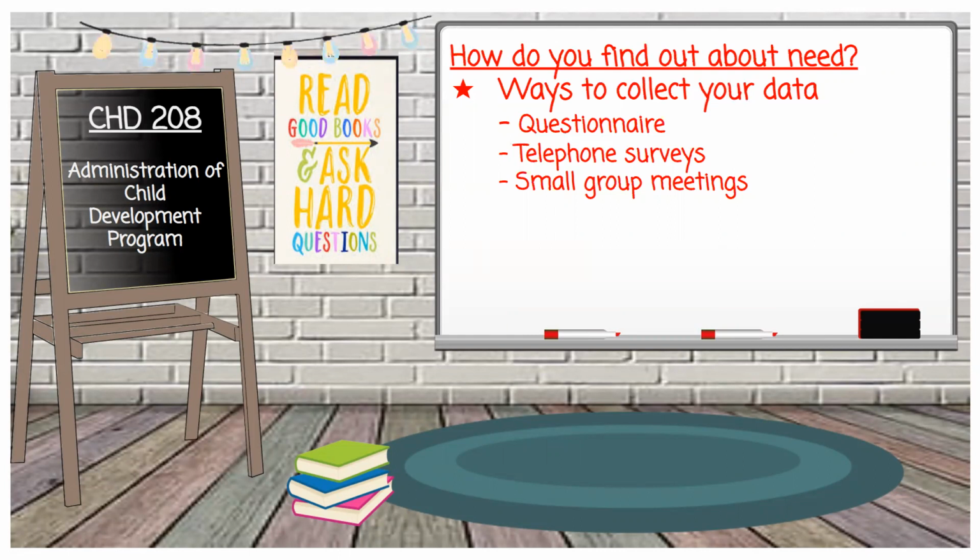But questionnaires are going to provide you with very specific data that you're going to be able to record, then compile it all together, and then analyze it to see what those needs are, okay? So like I said, you may do traditional pencil and paper, or you may do that online type of version.